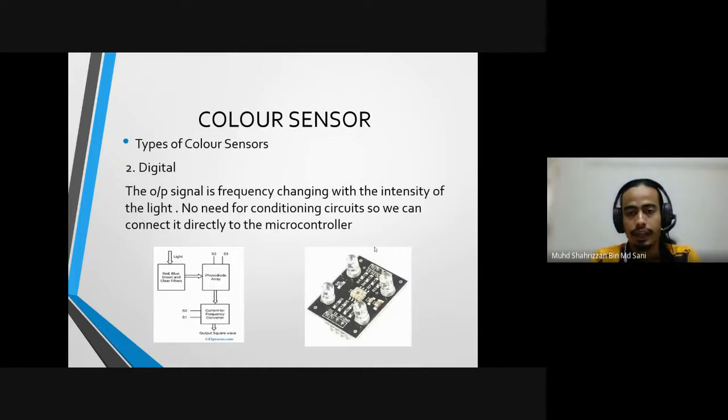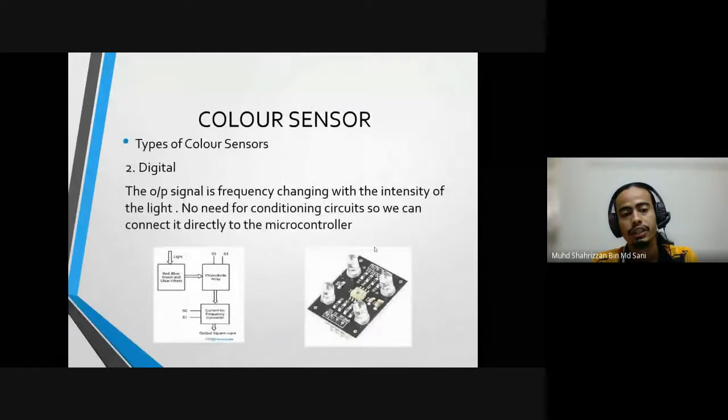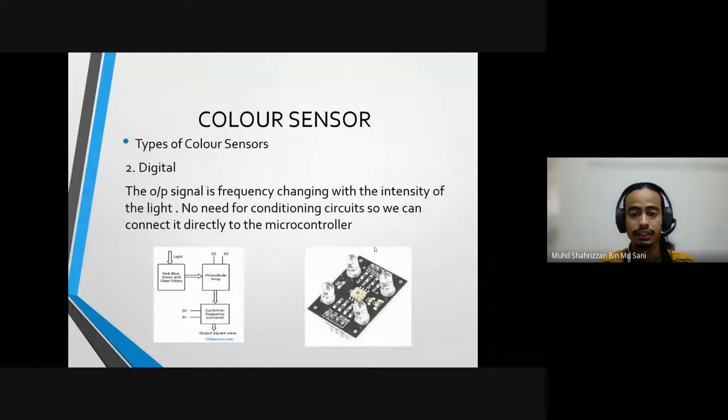Next, there are a few types of color sensor. Firstly, the digital color sensor. The digital color sensor is commonly used in our industry. It converts the intensity of the light into a frequency. There is no need for a conditioning circuit, so we can connect it directly to the microcontroller.